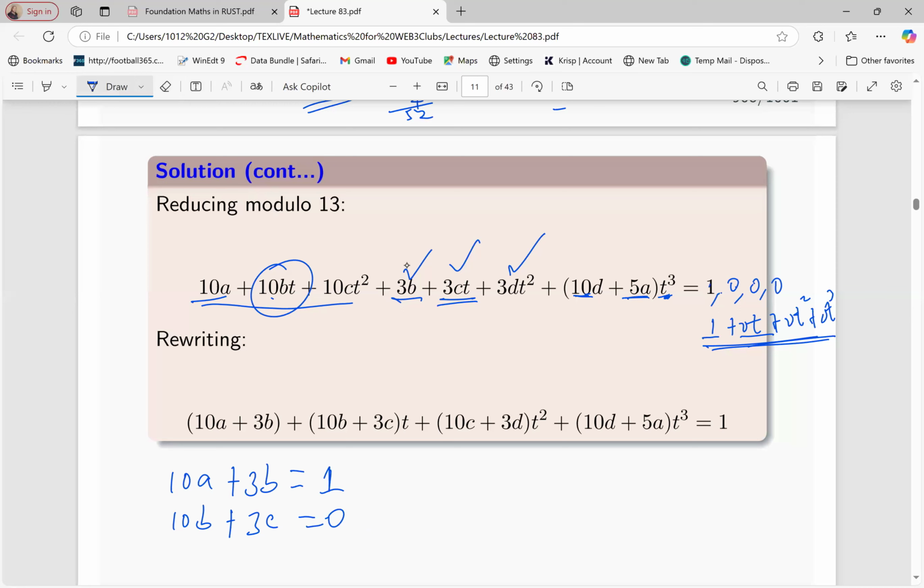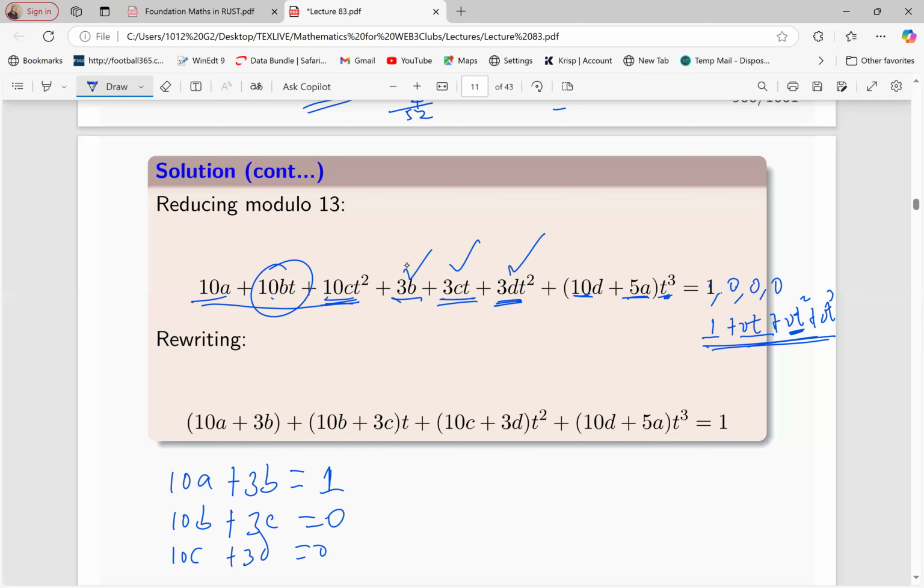So those that have t, I'm done with those. Now let me come to those that have t square. I have 10ct square and 3dt square, then 0 on the right side.